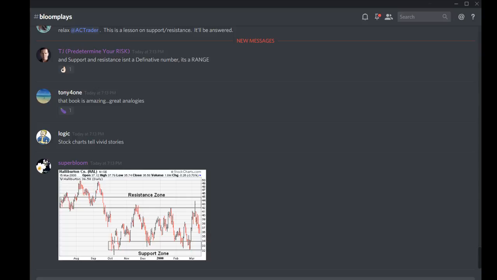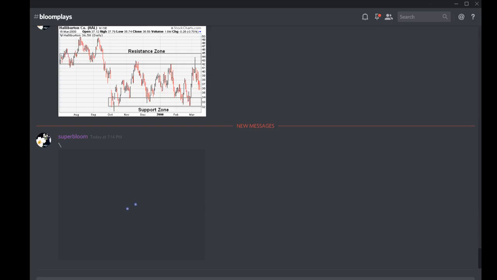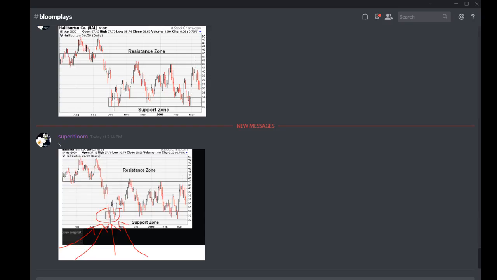This is how this chart's going to work. We're going to tell a story together. This is the first area of support. This stock is tanking. It drops. Look at this chart carefully. It gaps down. Do you guys see the gap? Okay, so it gapped down.